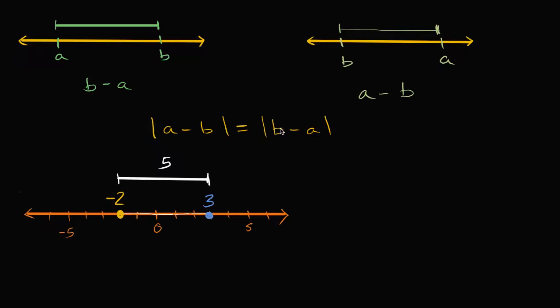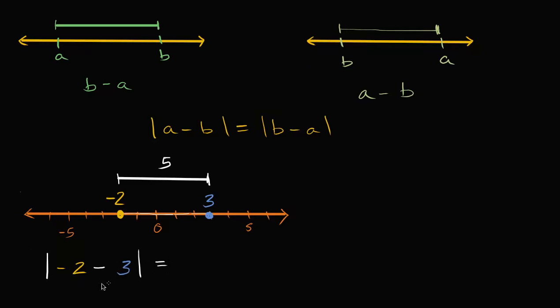But let's see that what I just wrote actually applies right over here. So if we took -2 to be our A and 3 to be our B, then we could write this as the absolute value of -2 minus 3. What is this going to be equal to?